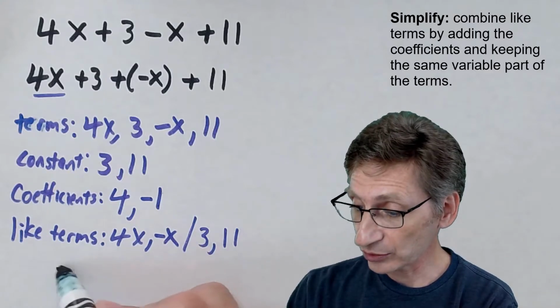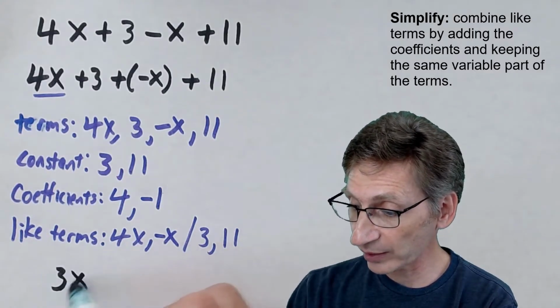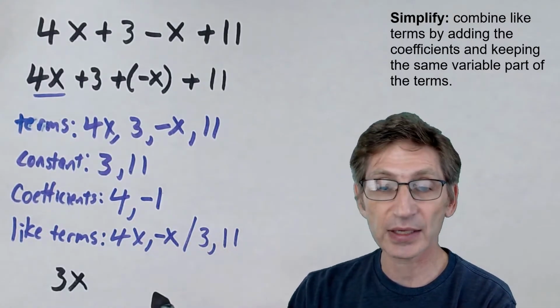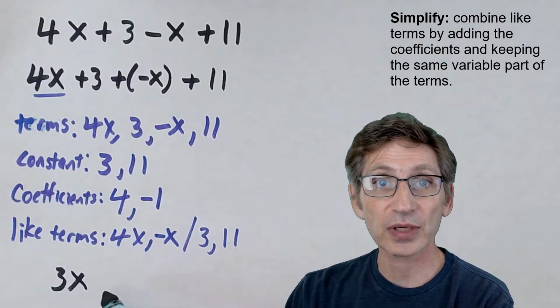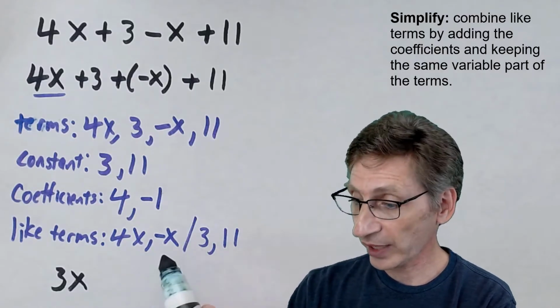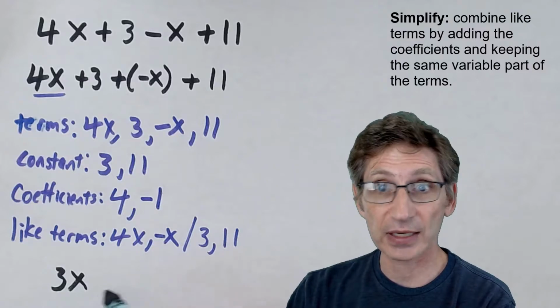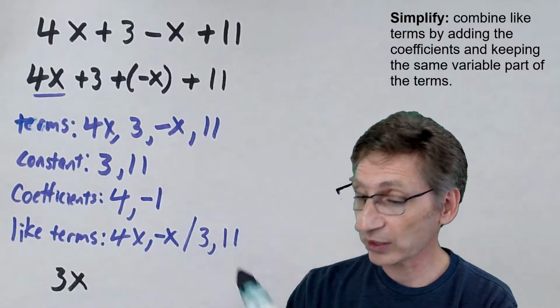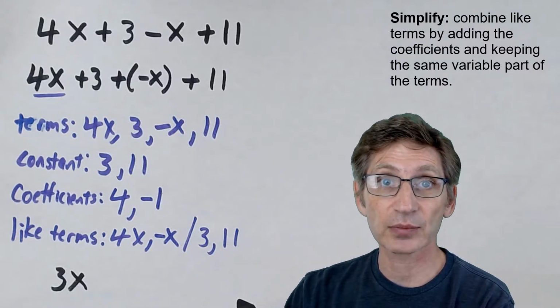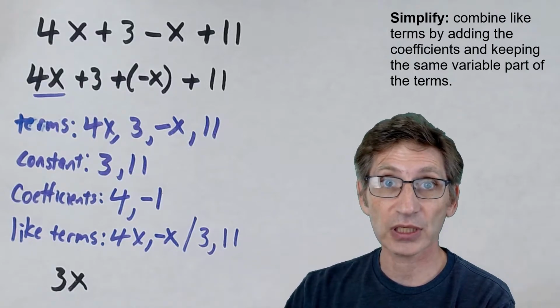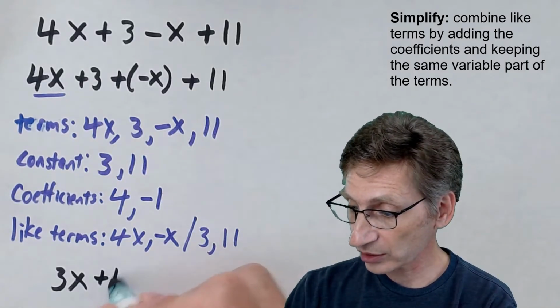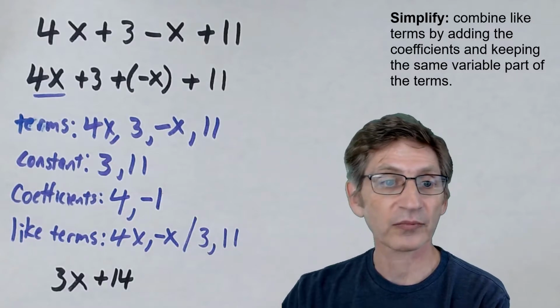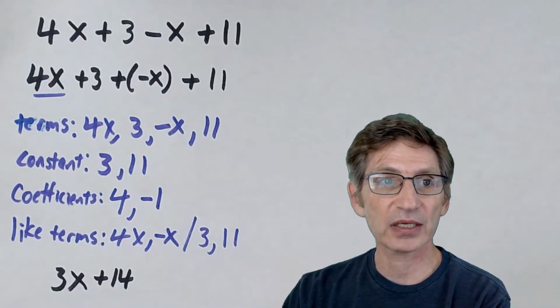So we use the 3 and we keep the variable. We keep the x. Combine 4x and negative x, I have 3x. If we combine 3 and 11, since constants are like terms, 3 plus 11, that's 14. So we write the plus 14. Voila! We have simplified this into 3x plus 14.